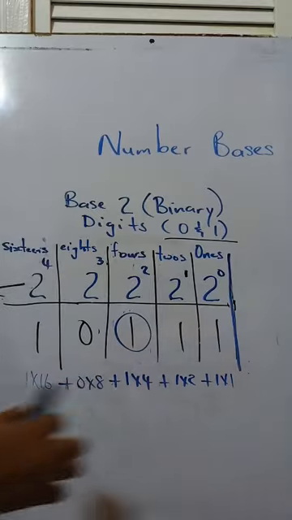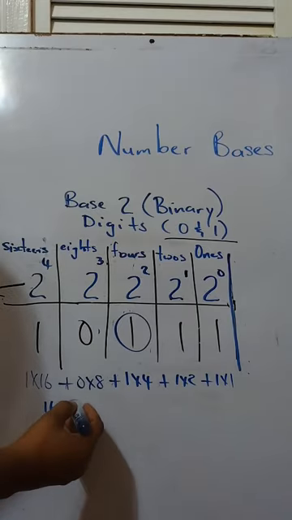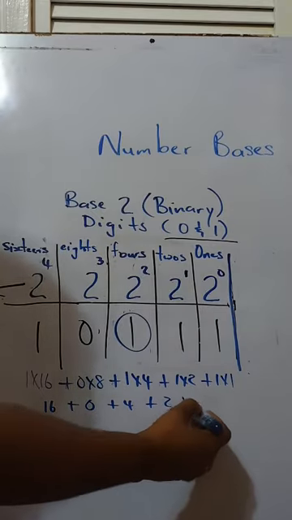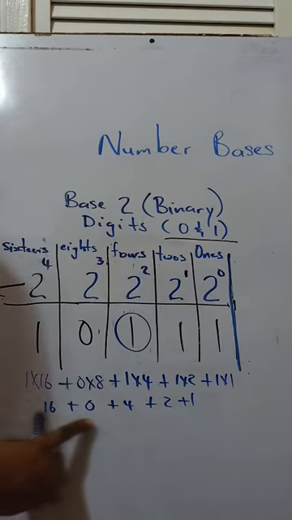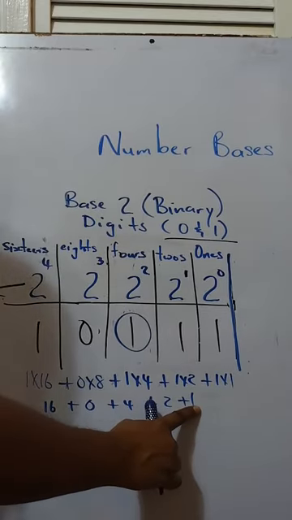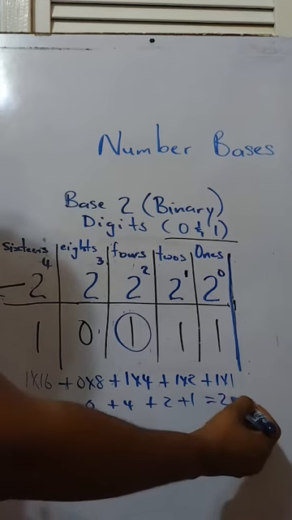I'm going to simplify this. 1 times 16 is 16, plus 0, plus 4, plus 2, plus 1. Adding them all up, 16 plus 4 is 20. 20 plus 2 is 22, and plus 1, that's 23.